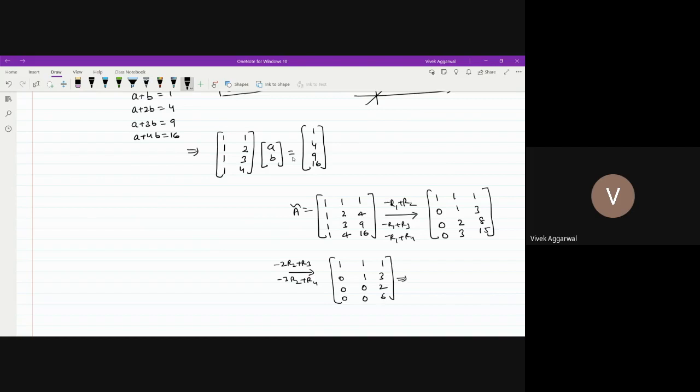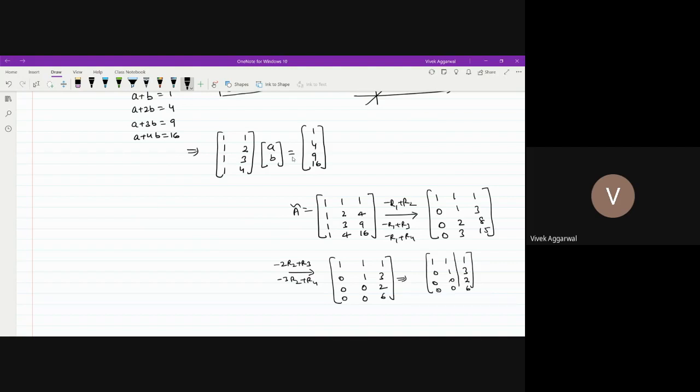And from here, if you see, it is 1 1 1, 0 1 3, and then 0 0 2, and 0 0 6.